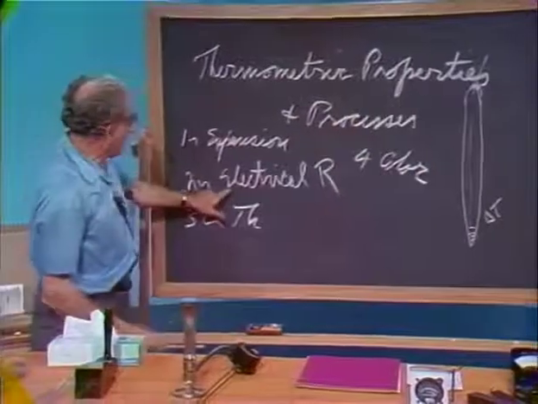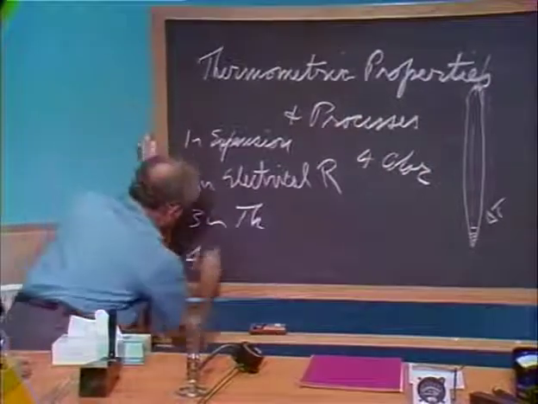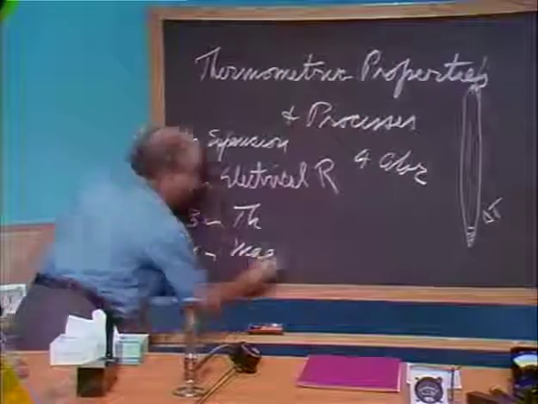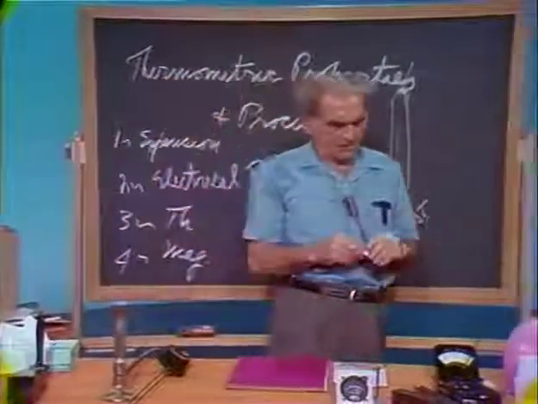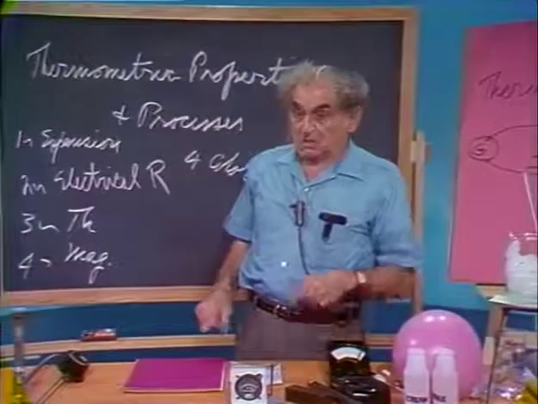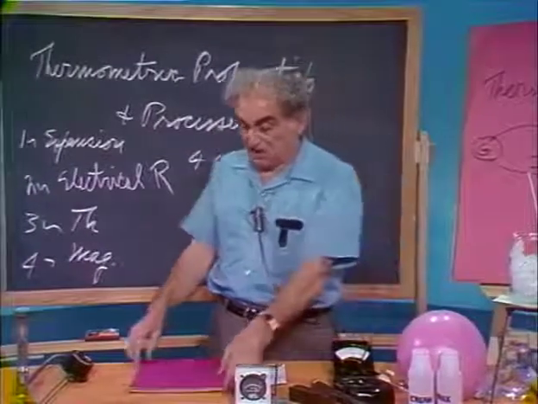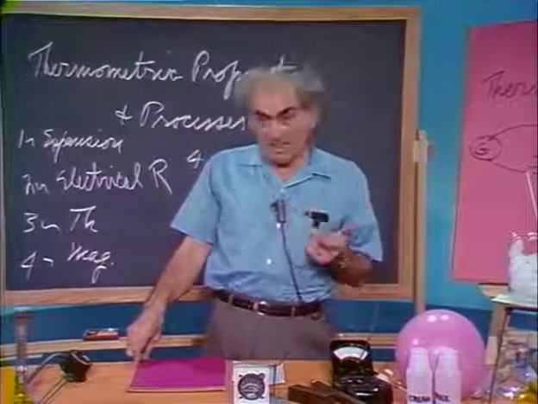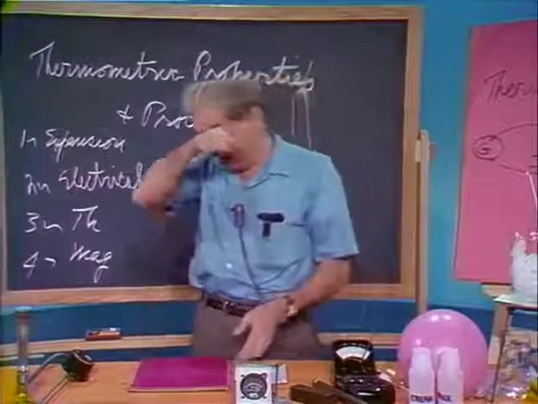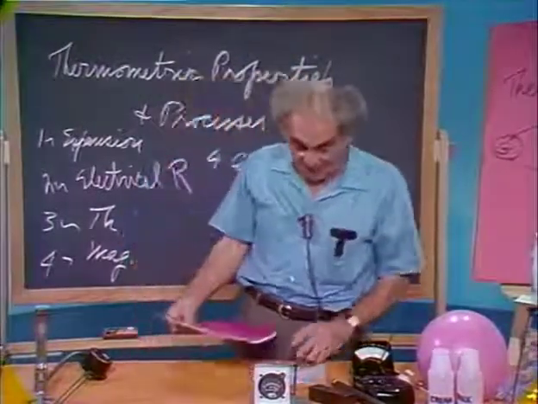Oh, I left one out, didn't I? I left out magnetism. Magnetism is a thermometric property or process. Color is a thermometric property. Notice, physiologically, when a fellow gets very angry, his temperature goes up and it shows in the color of his face. But here is a better demonstration than that.